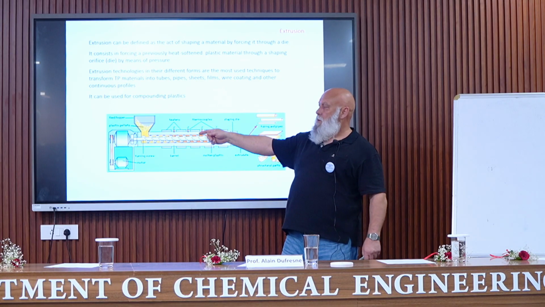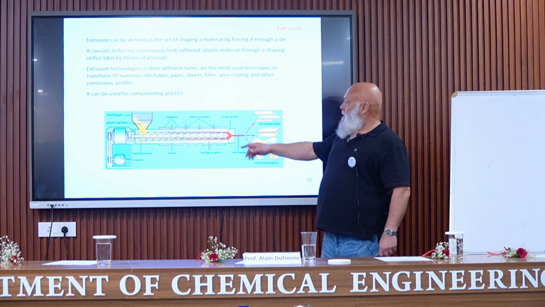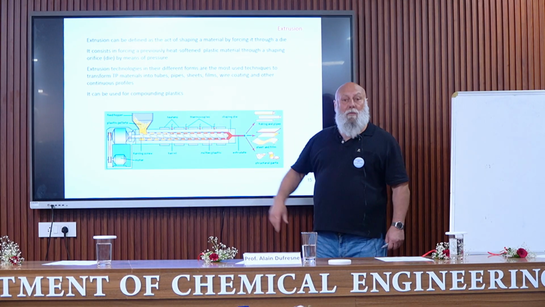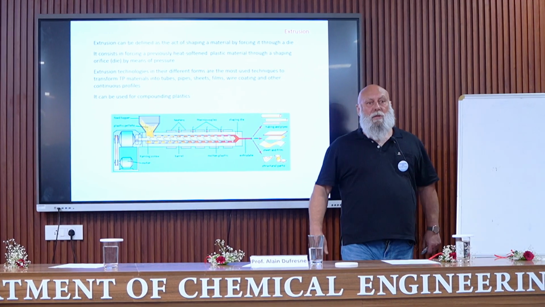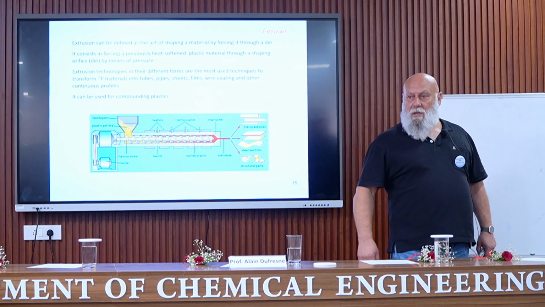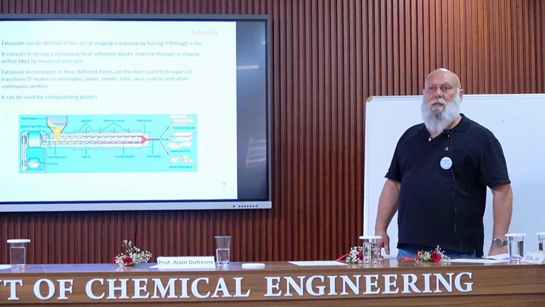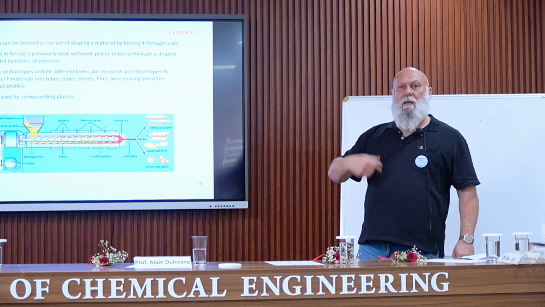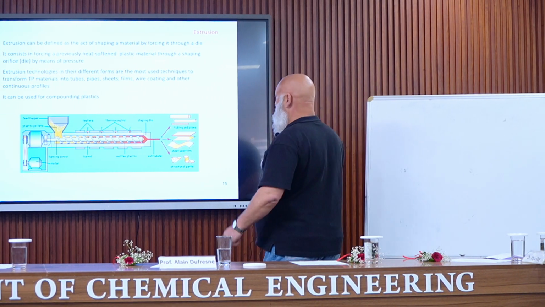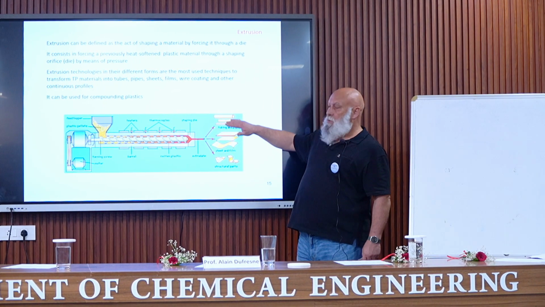It is melted, of course, by the barrel, by conduction, but an important source of energy used to melt the material, about 80%, is the shear stress, which generates some heat. And so at the end, you can have a die with different forms in order to obtain a finished product.